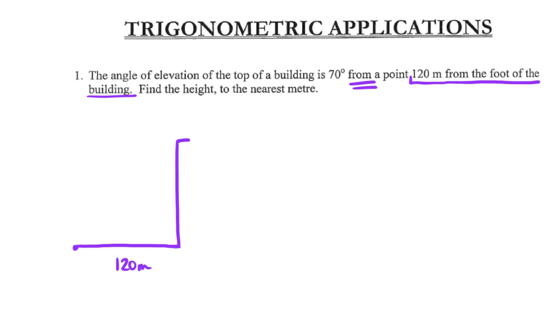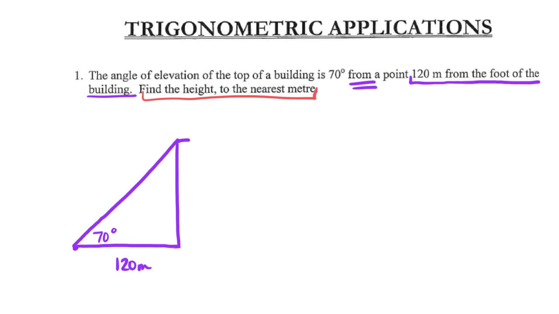Then if I look forward, then elevate, so I'm going up, that angle would be 70 degrees. The question says, find the height to the nearest meter. So I need to find the height of the building.